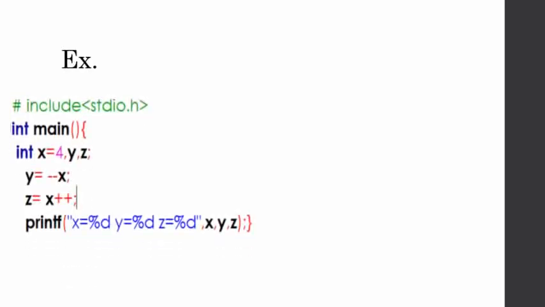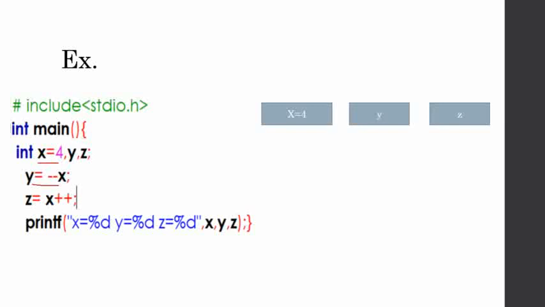Take one more example. There is x equals 4, y and z, and we have to find the value of x, y and z. There are 3 blocks, one for x, one for y and one for z. Now in the second line, y equals minus minus x. Here minus minus x is pre-decrement, and pre-decrement says that first update my value, then assign my value.